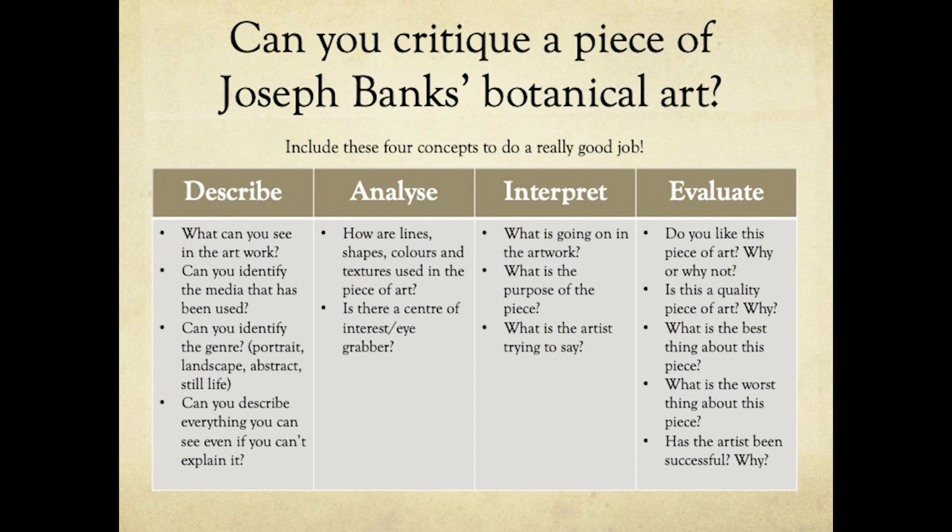Is it abstract? Is it still life? Can you describe everything you can see, even if you can't explain it? So even if you don't know what it is, can you describe it? Can you say there are red, spiky kind of tendrils coming out? Even if you don't know what the right words are to use, but can you describe what you can see?